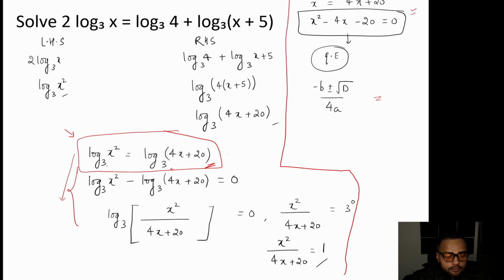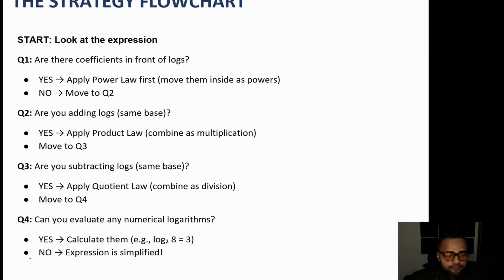Now let's move further. I've written the strategy for you. First, we need to look at the expression. Then if there is any coefficient in front of log, obviously we need to apply the power law first, which will be the reverse of the power law, so we need to move them inside as a power, which I've discussed with you.